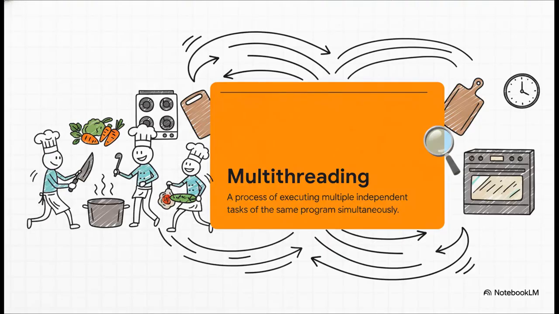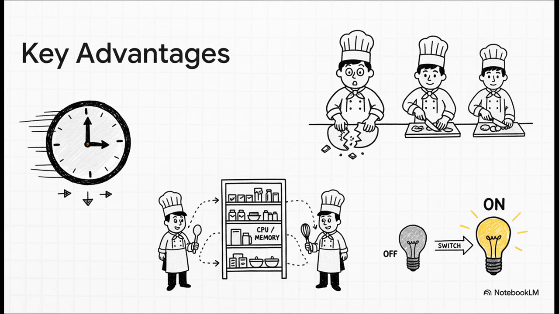So what exactly is multithreading? Well, it's really just a way of executing multiple, separate parts of the same program at the exact same time. Back in our kitchen, this is like having a whole team of cooks working together. One is handling the chopping, another is stirring the soup, and a third is managing the oven. They're all working in parallel at the same time. And the advantages here are huge.